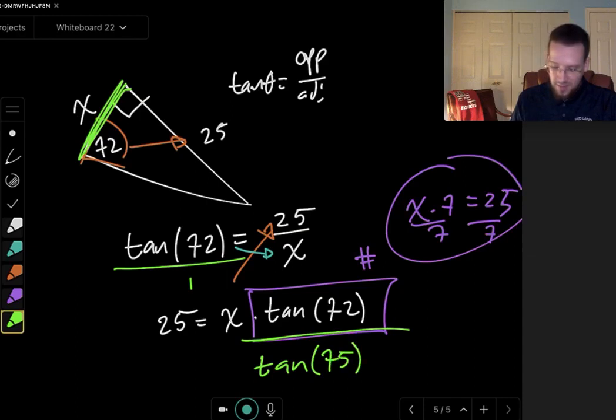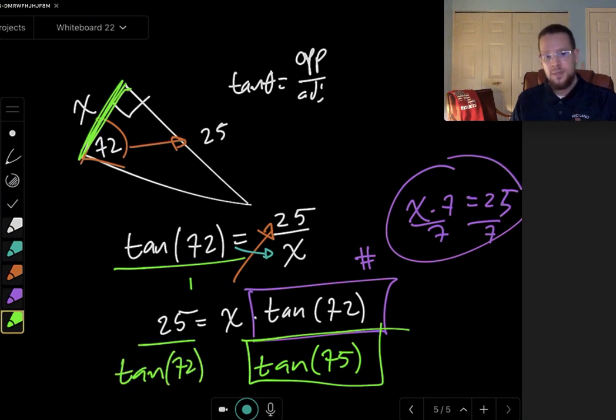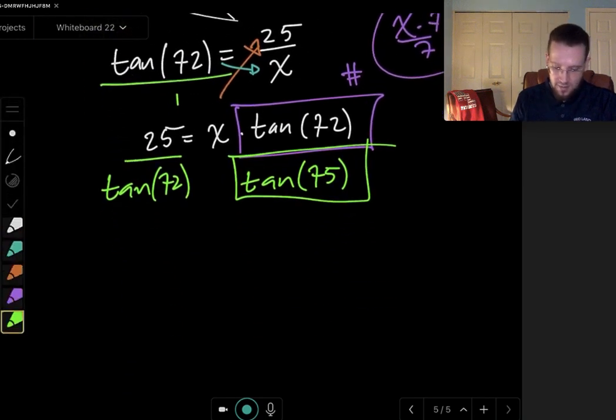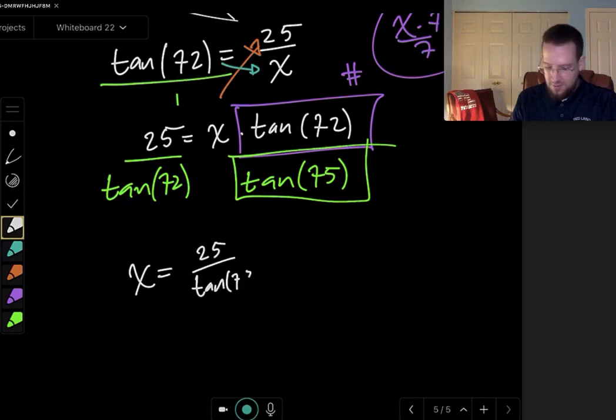It just so happens that it's gross. It's the tangent of 72 degrees. And so x is equal to, I'm just going to rewrite this down here, x is equal to 25 divided by the tangent of 72.